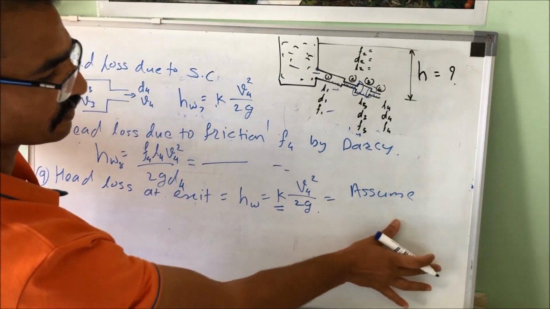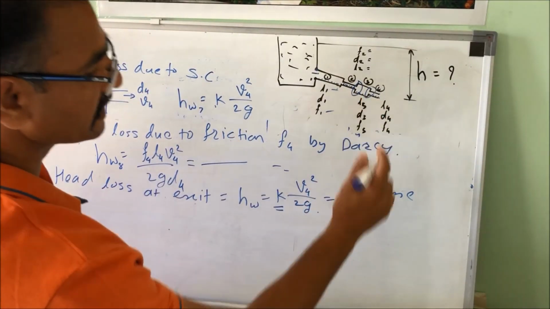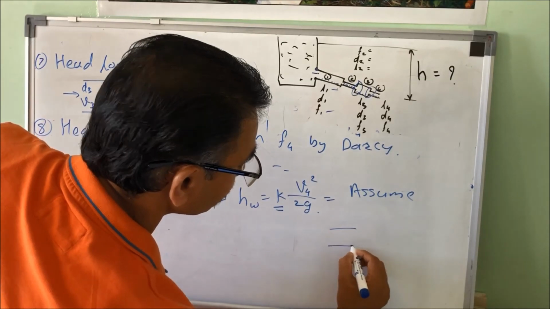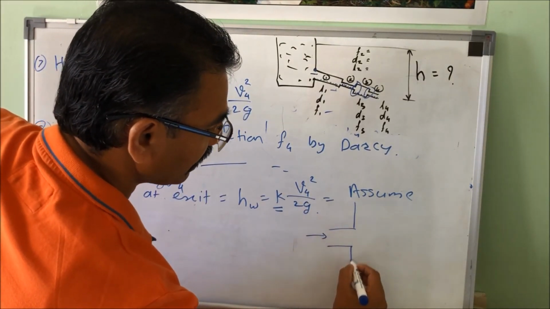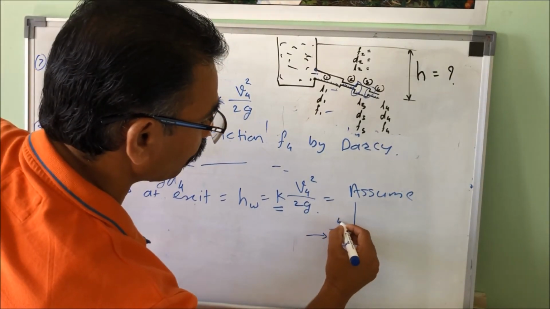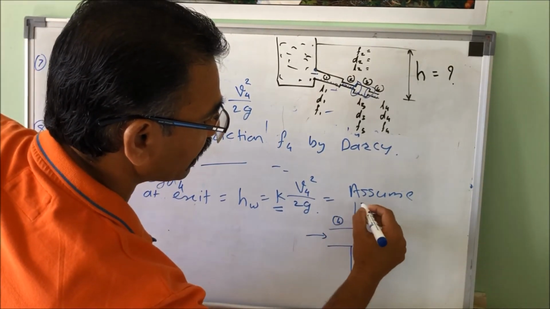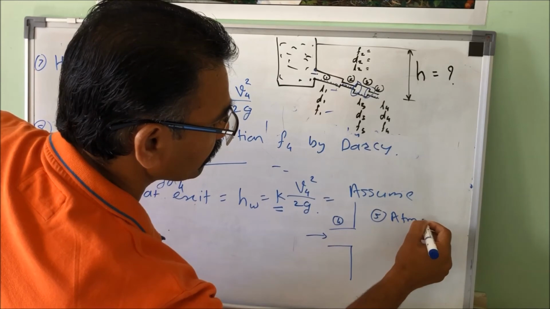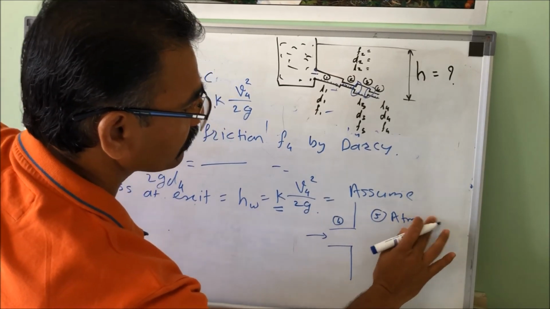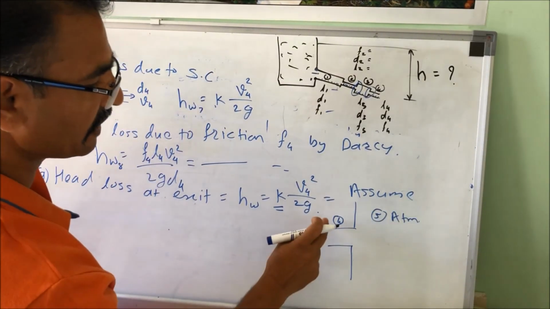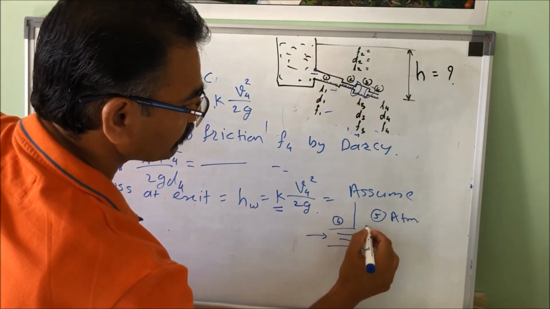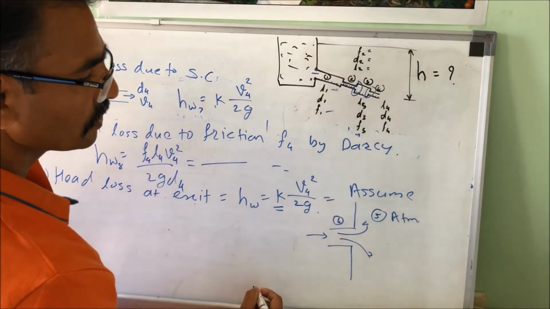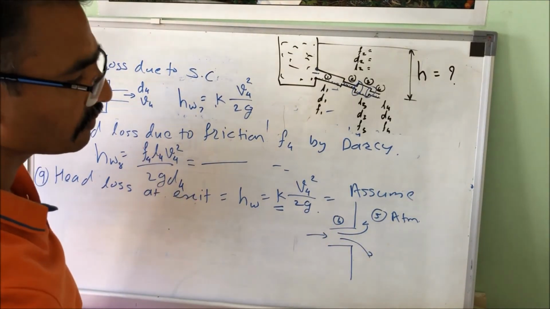So how can we assume? See, at the exit, what is the exit? This is a pipe, water is flowing here. Exit is having this. So this is 4, and what is 5? Atmosphere. Okay, 5 is atmosphere and 4 is the pipe outlet. So head loss here is a sudden enlargement.